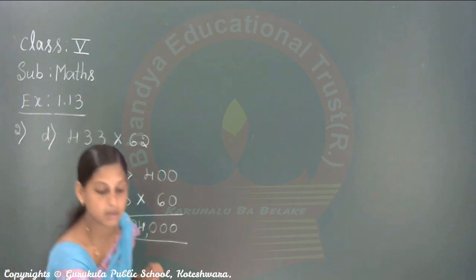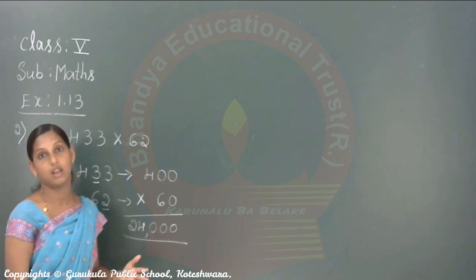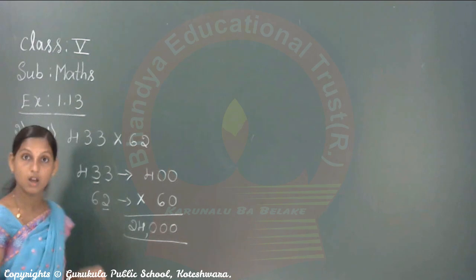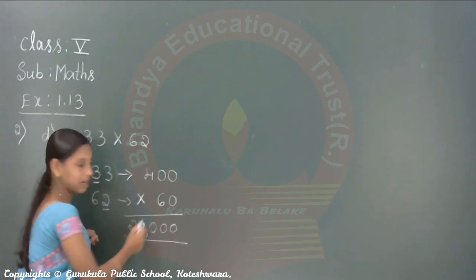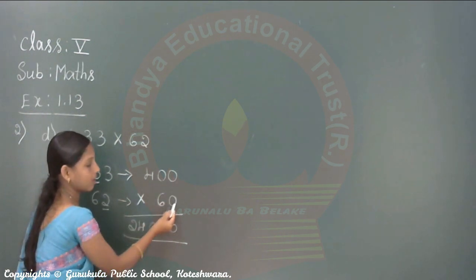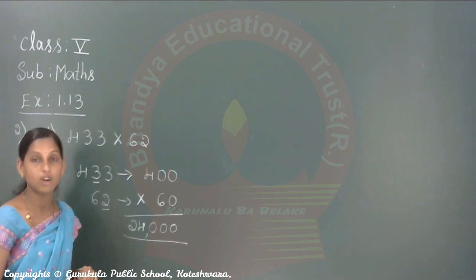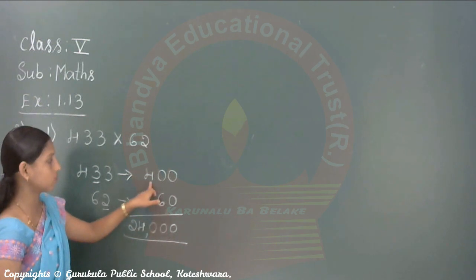So when you estimate the numbers, you can multiply very quickly using quick multiplication. Only the non-zero numbers you multiply first. Then count how many zeros are there in both the numbers, and that many zeros we need to put. 6 fours are 24.